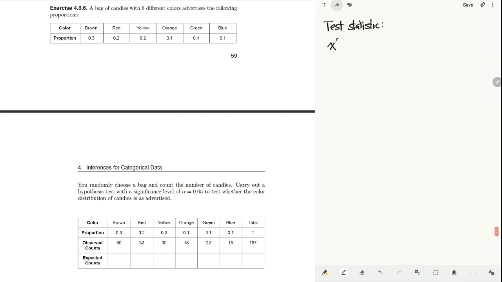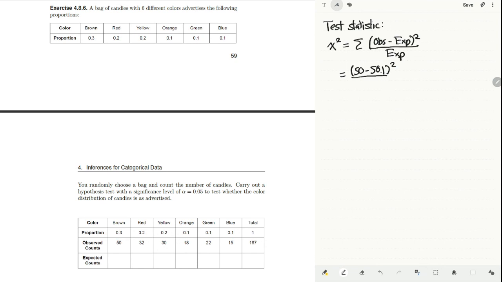So the chi-squared statistic is the sum of the observed counts minus the expected, squared, divided by the expected counts. So for the brown candies, we have observed 50 and expect 50.1.